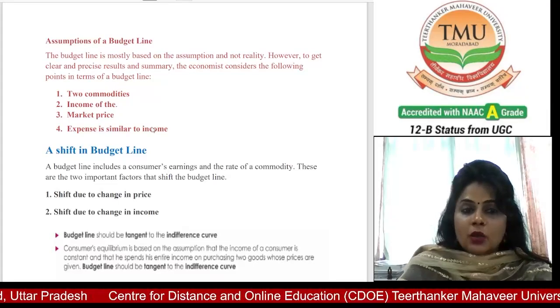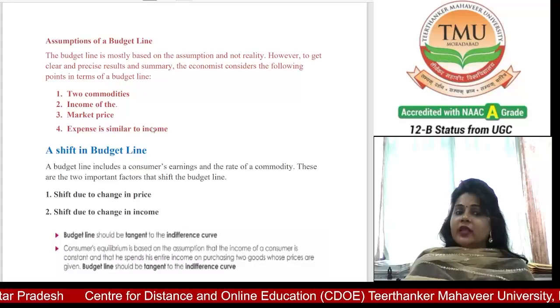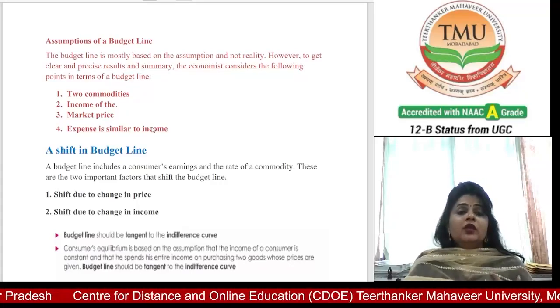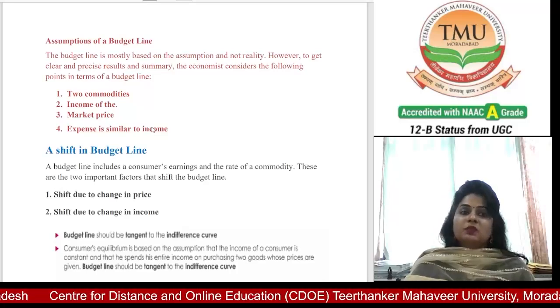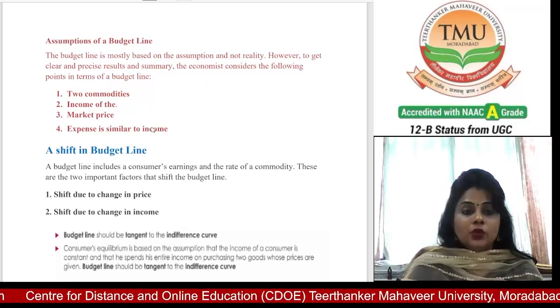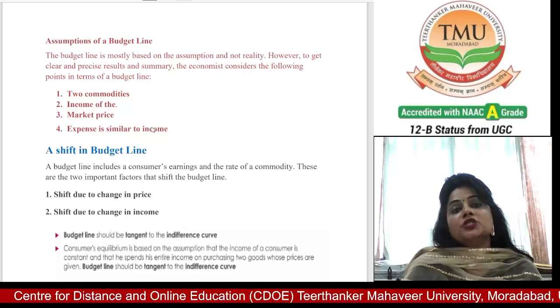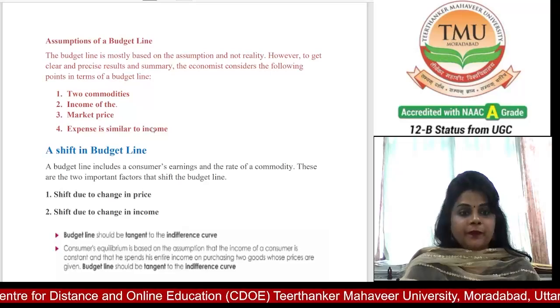First of all, two commodities. Economics assumes that consumers spend their income to purchase only two products, because we have only two axes, X axis and Y axis. So we have to show only two commodities and the combination of the two commodities, and it is easy to understand.